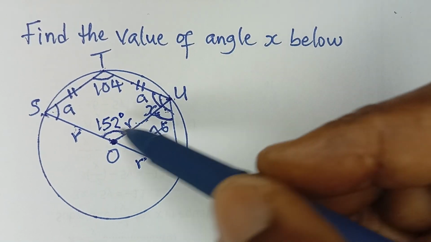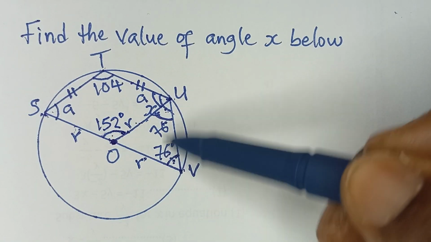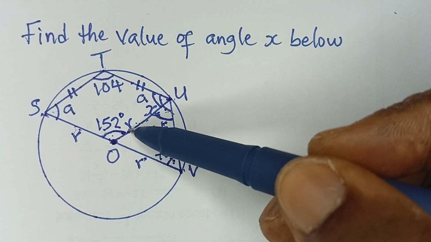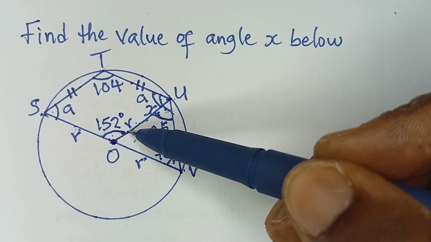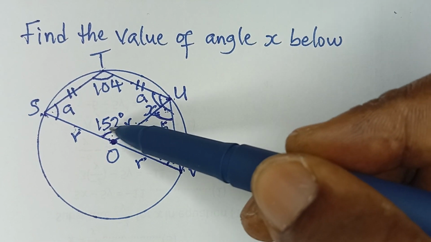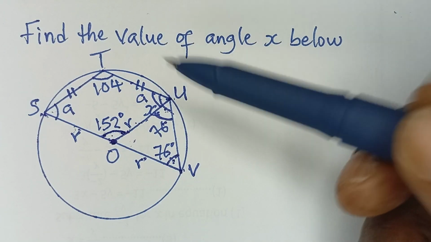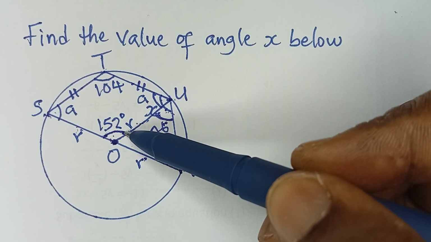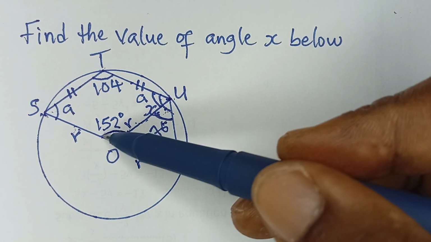So this angle is 152 degrees. But if you don't want to use that theorem, you can simply add this and this, subtract it from 180, it will give you this angle. And then sum of angle on a straight line is 180. So you also subtract this angle from 180. And finally, you're going to get this external part as 152. But that method is longer. So the shorter method is just to say that the exterior angle of a triangle is equal to the sum of the two opposite interior angles. So that gives this place as 152.